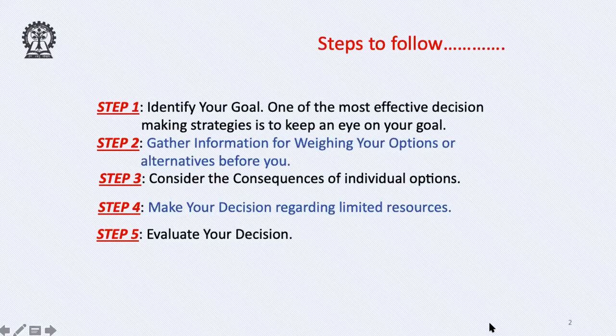But in general, what happens while we are making a decision is that our objective is not one. For example, I have a certain budget, and with that budget, I have to purchase many things together. I cannot satisfy myself by purchasing everything at full satisfaction.